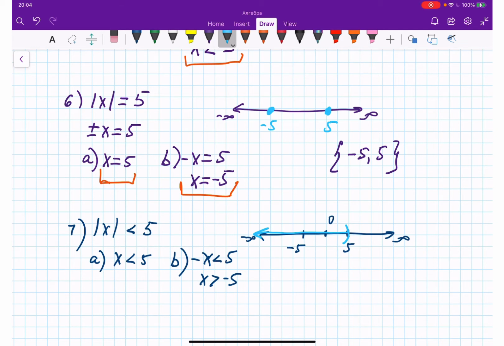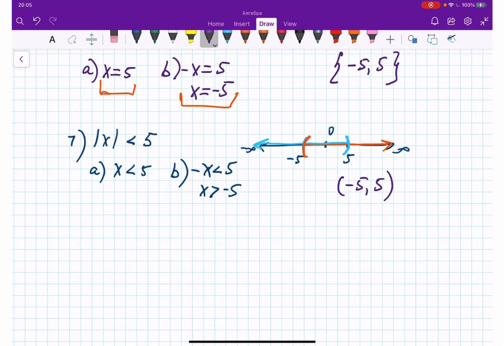And greater than negative 5. It comes this way. So it's going to be included in these two parentheses. They are overlapping each other, right? And the answer is going to be negative 5, positive 5.